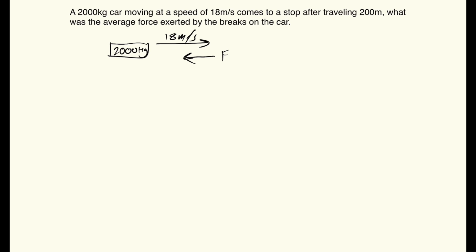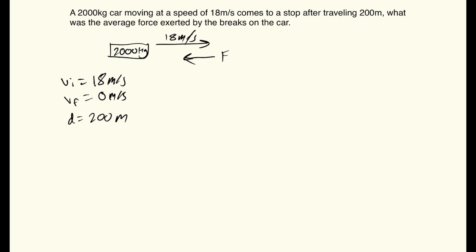Now before we write out any formulas, let's write out our givens. So our V initial is equal to 18 meters per second. Our final velocity is equal to 0 meters per second. Our distance is equal to 200 meters.